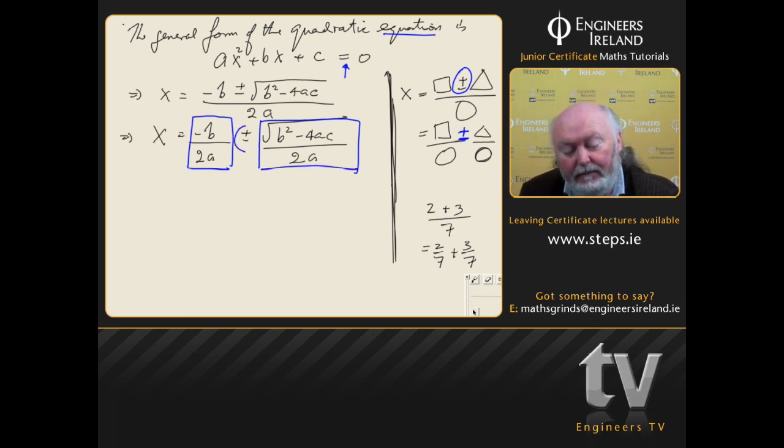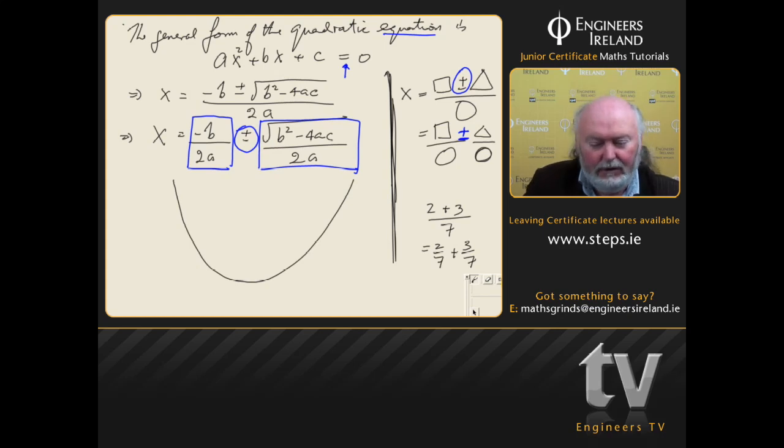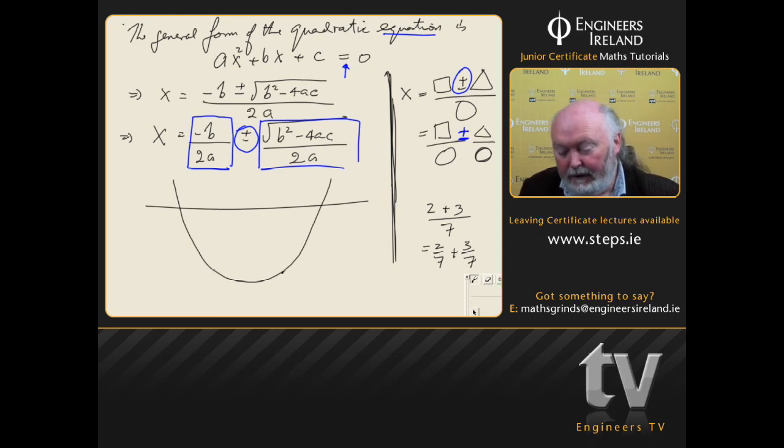See? If we just draw this, X-axis. One root is here, the other root is here. Halfway between both of those, what's the x value? x is equal to minus b over 2a.